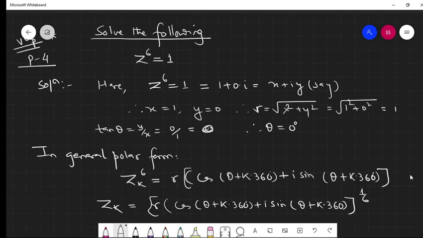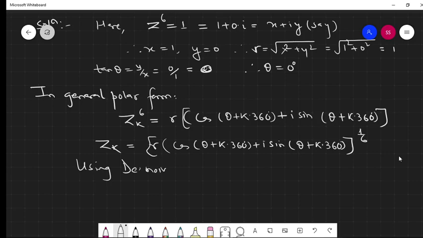Then using de Moivre's theorem, z_k equals r to the power 1/6 times cos of (theta plus k times 360 degrees)/6 plus i sin of (theta plus k times 360 degrees)/6, because that is n.